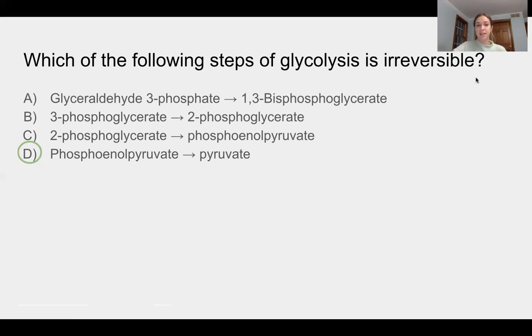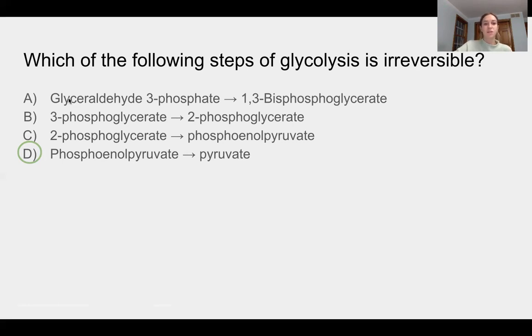pyruvate is the end result of glycolysis. So even if you weren't sure which step was irreversible, while you're paused and looking at this question, I would use that as an opportunity to recall, oh, pyruvate, I recognize that. That's the last step. So just forcing yourself to bring that information up whenever you can.